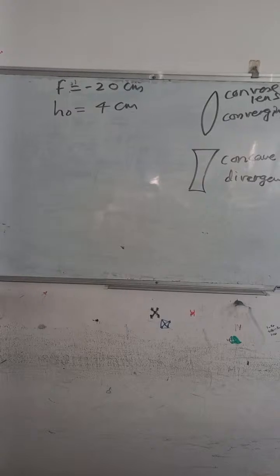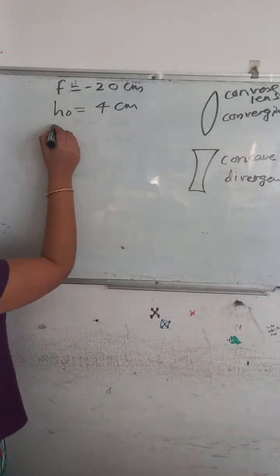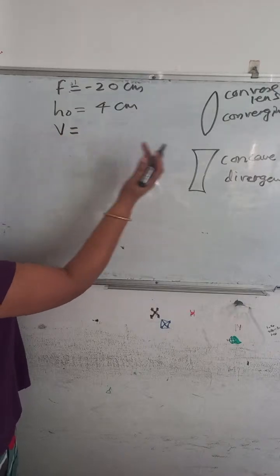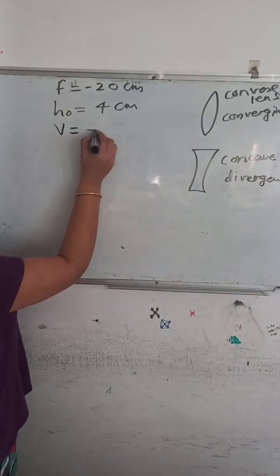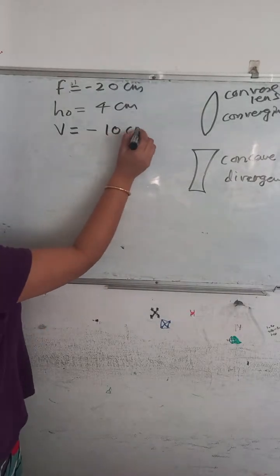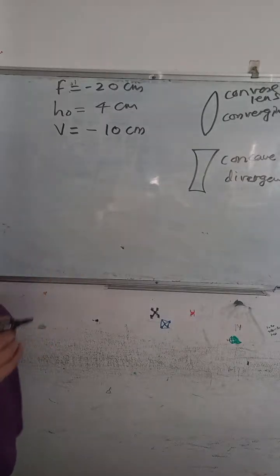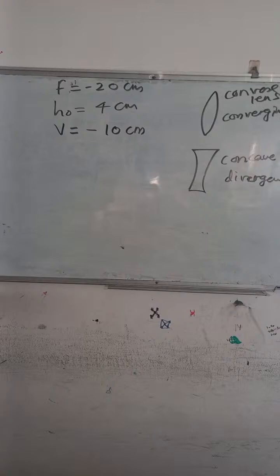So 10 centimeter away from the lens the image is formed, that means v, and in case of concave lens the image is formed on the same side of the lens, so here v is given as minus 10. I told you how to take the distances. I already explained that in the previous session. In concave lens u, v and f are mostly all negative. Focal length is always negative in concave lens. So this is what is given.